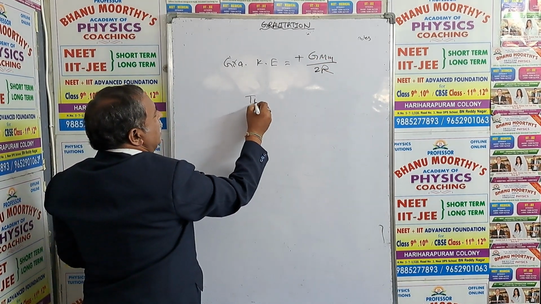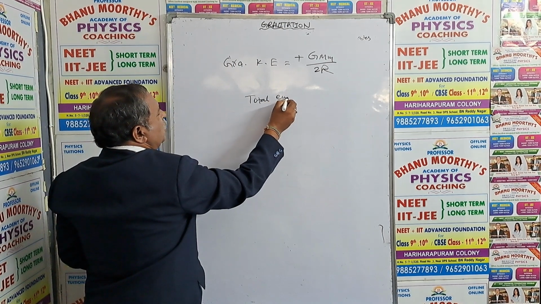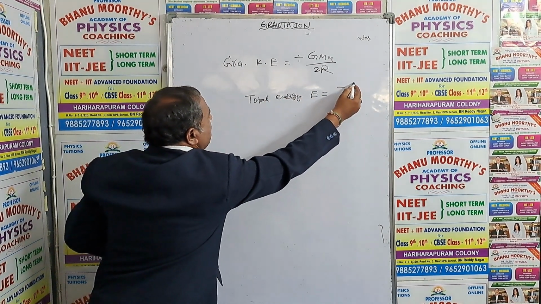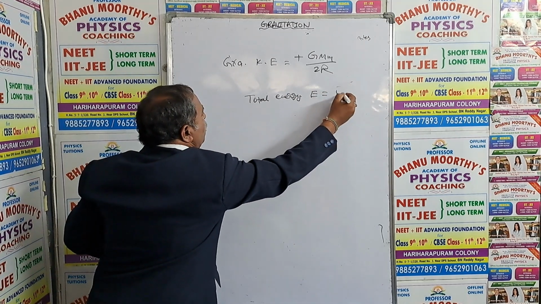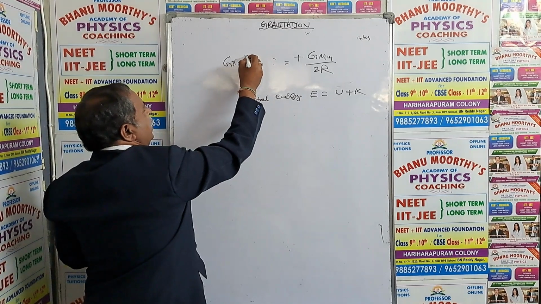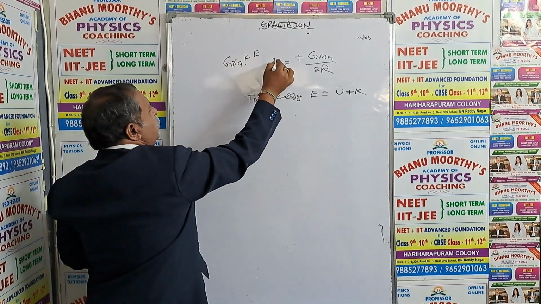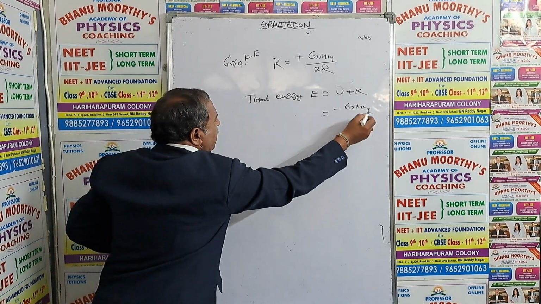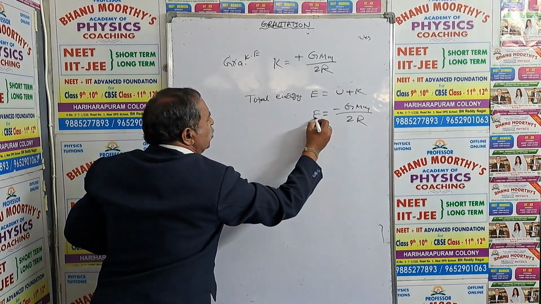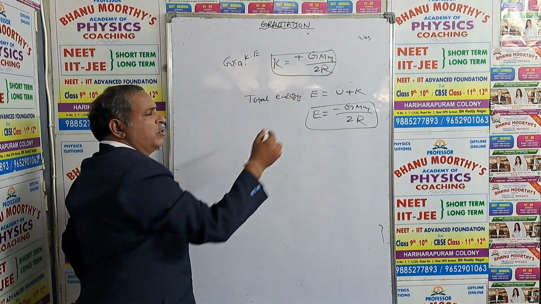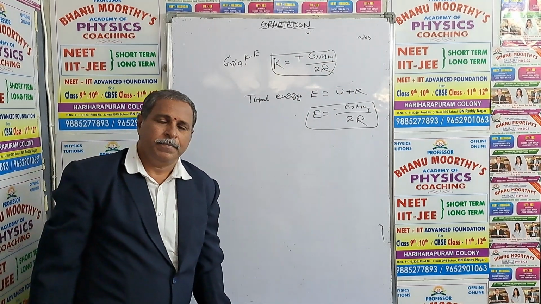Similarly, the total energy formula is E equals U plus K, the sum of these two, gravitational potential plus kinetic energy. So U plus K means minus GMm by 2r. This is the total energy.